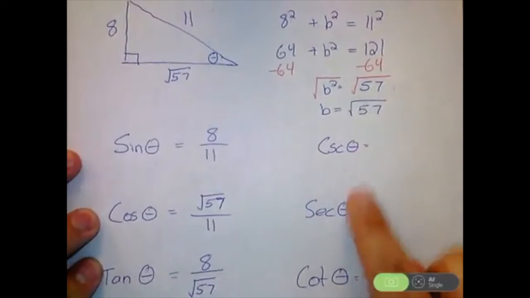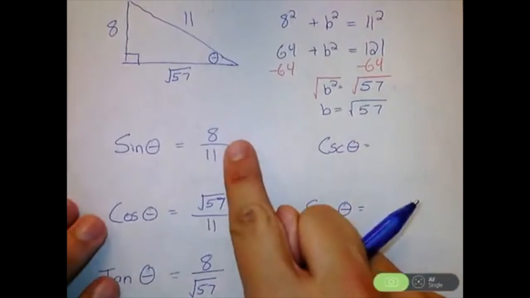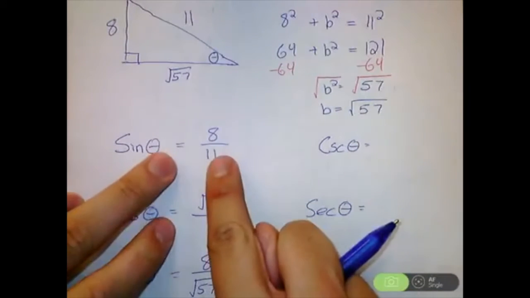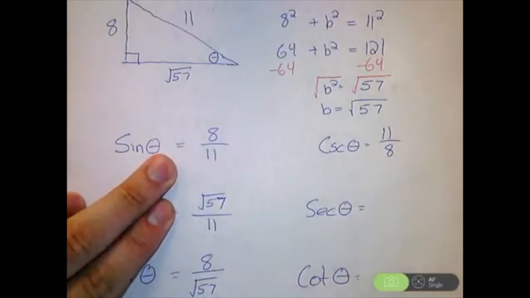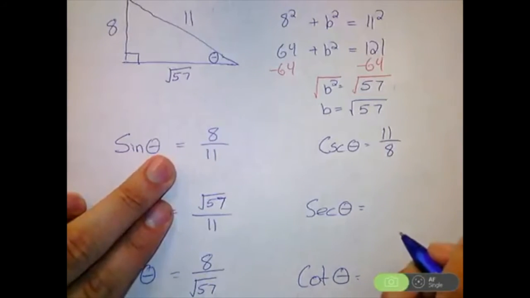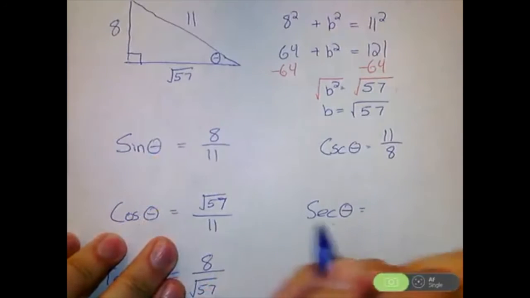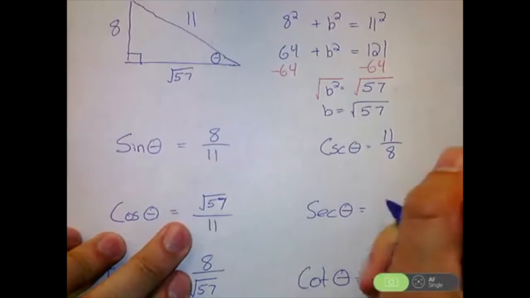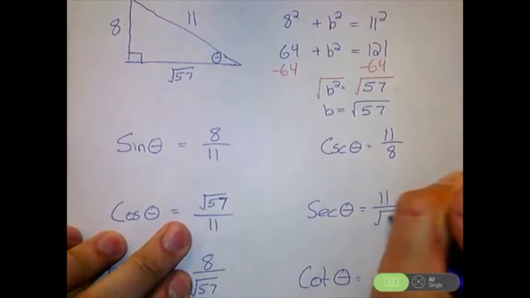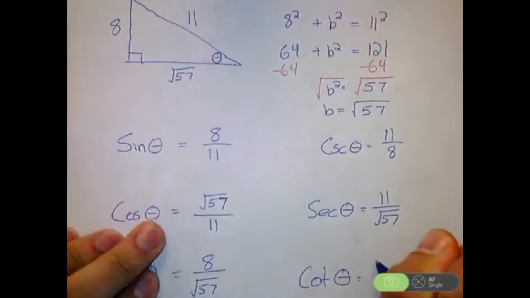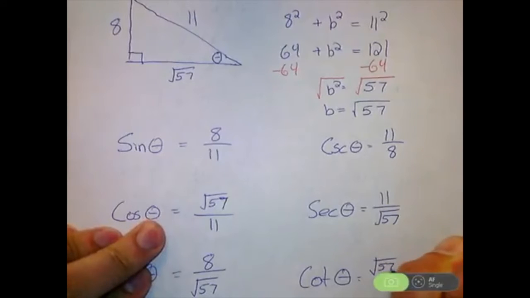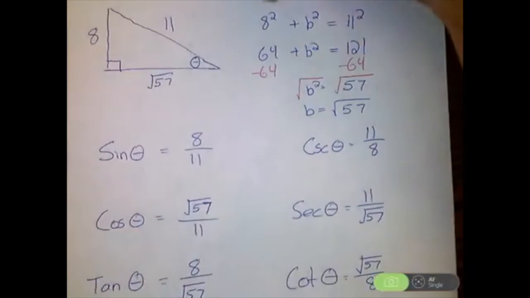And then to find cosecant, secant, and cotangent, we're going to take the reciprocal of each of these 3. So we're going to flip them all. So I'm going to have 11 over 8 for cosecant. For secant, we're going to have 11 over square root of 57. And cotangent, square root of 57 over 8.